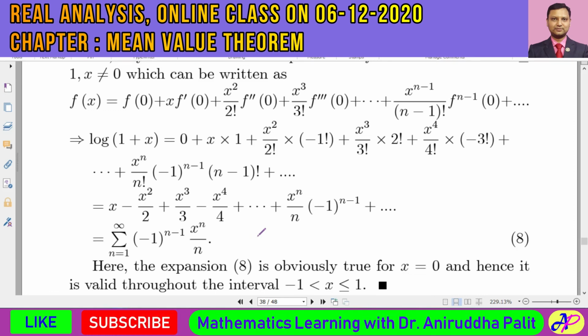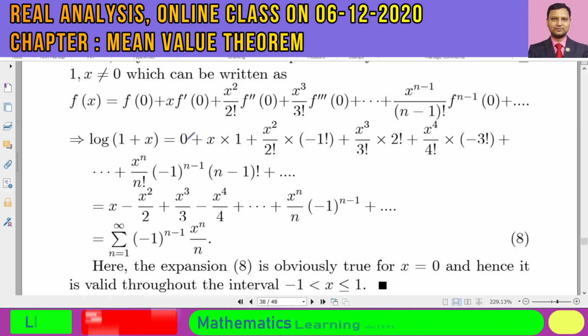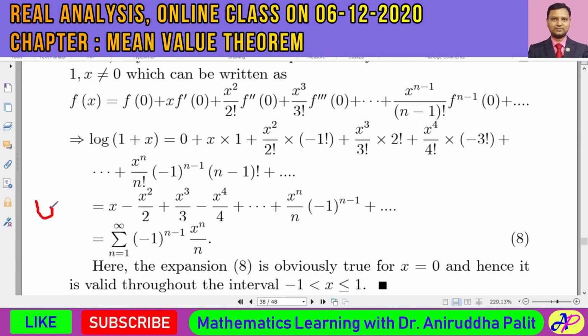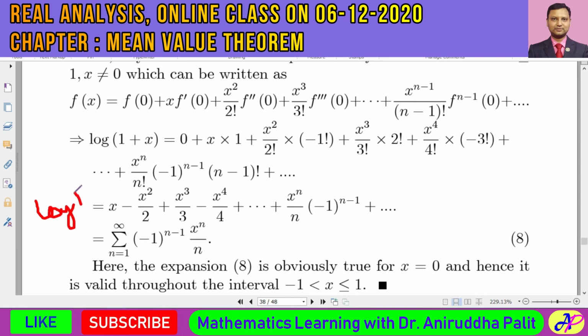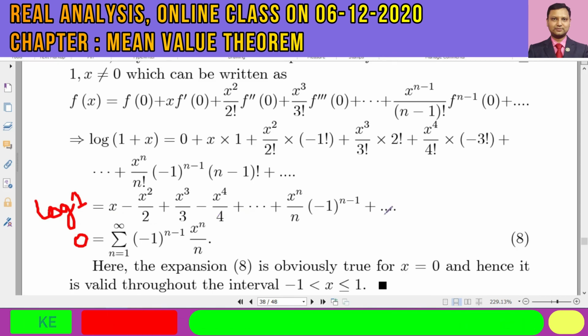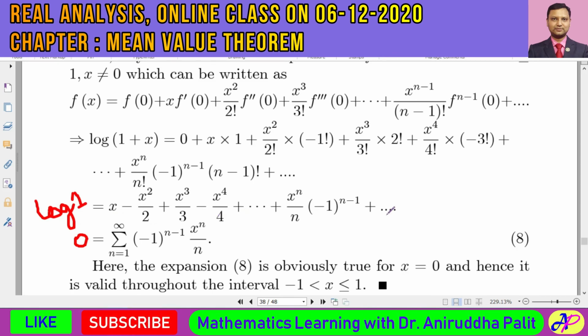And you see over here, if we put x equal to 0, we know that log of 1 plus 0 is actually log of 1, isn't it? And log of 1 is equal to 0. So the left hand side is equal to 0. And if we put x equal to 0 over here, the right hand side is also equal to 0.